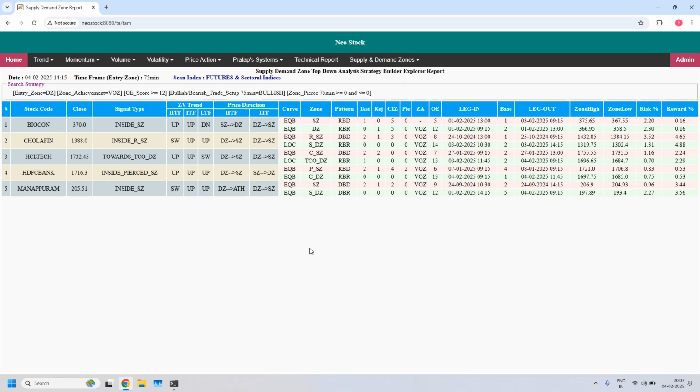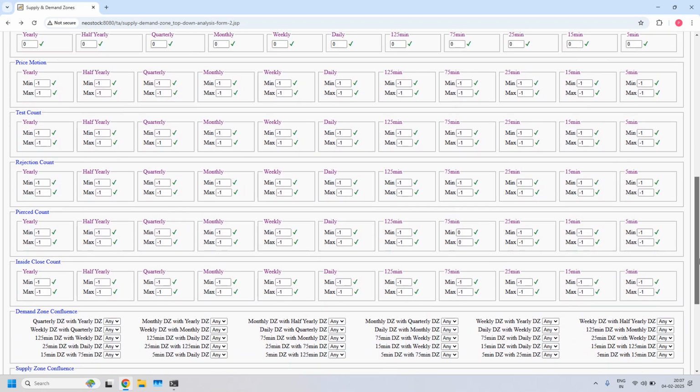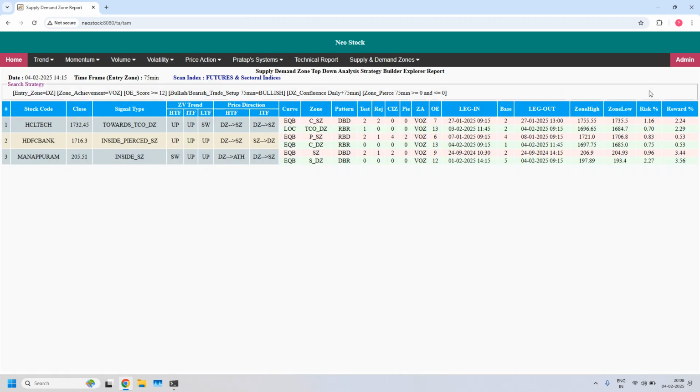Apart from that, zone confluence is more important to check where exactly the location of these zones. So in the demand zone confluence, I am enabling the filter 75 minutes demand zone with daily demand zone confluence. That means the 75 minutes demand zone is overlapped with daily demand zone. So we got 3 stocks.